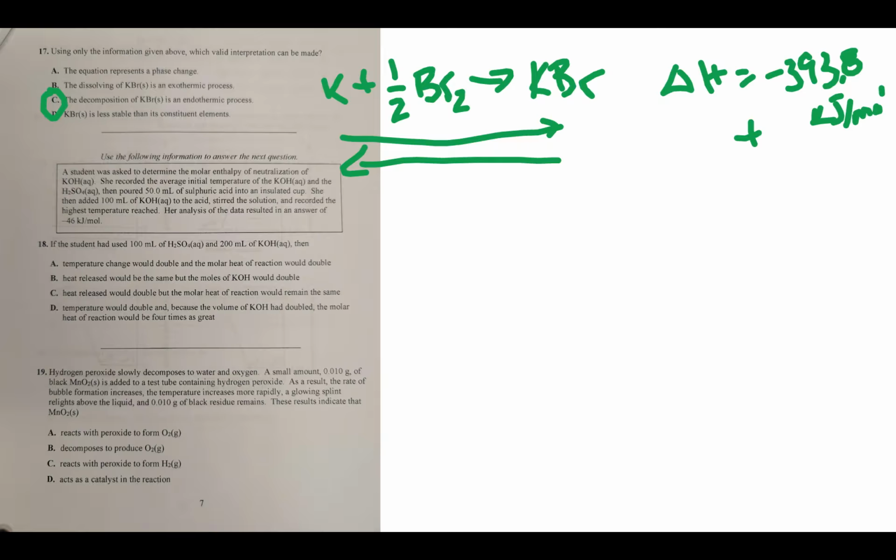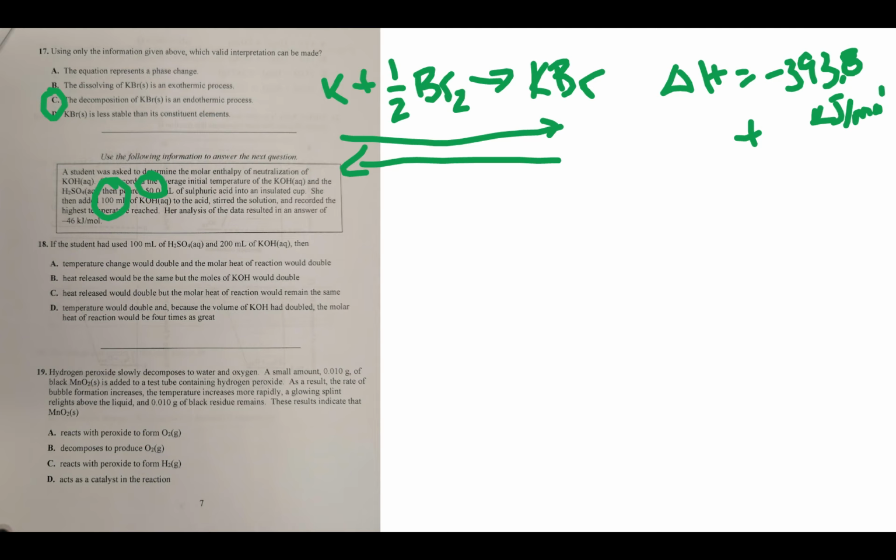Looking at number 18, this is a theory question. So we have 100 mL of the acid with 200 mL of the base reacting. How this changed is that the acid got doubled and the amount of the base got doubled. Now, if we're doubling everything, your temperature released will be more, and that should double as well.